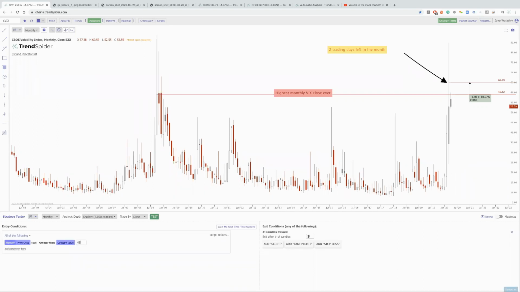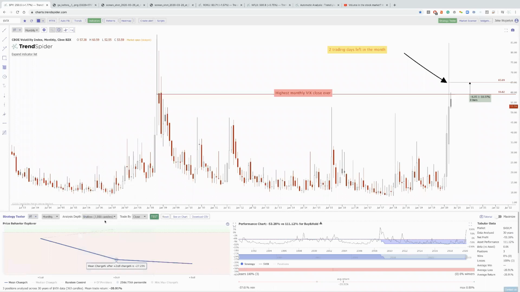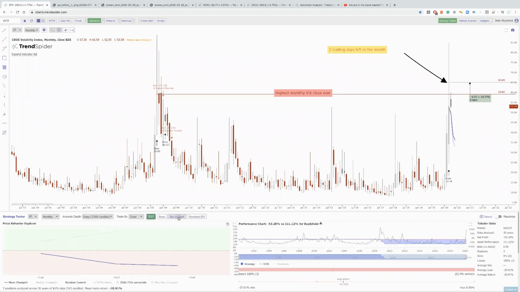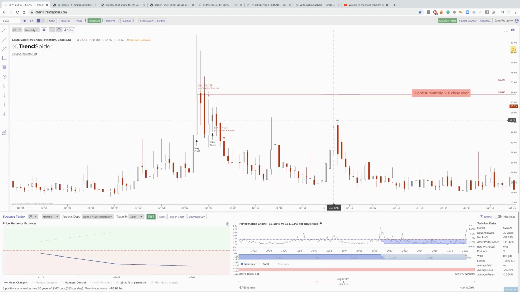And so if we wanted to see what the average return was after 3 weeks, we can go and see what that is. If we back test the entire chart here, you'll see on the chart clearly this has only happened 2 different times, and both of these were in 2008.